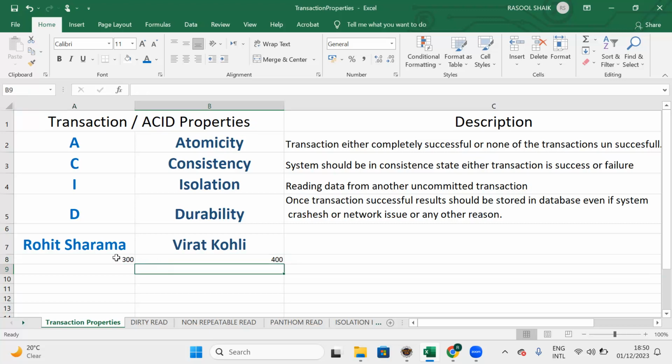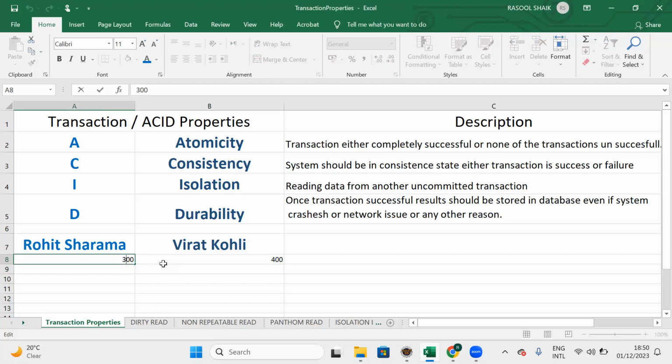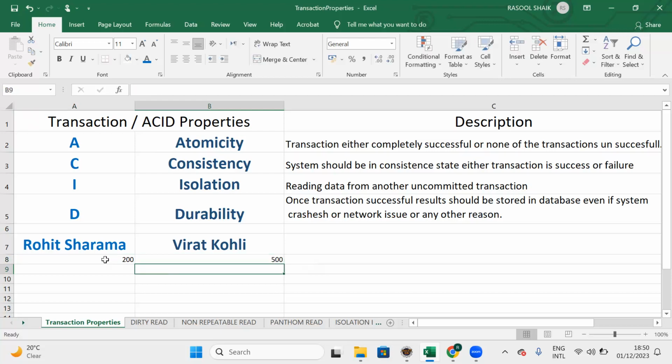Now after transferring, let's assume Rohit Sharma transferred 100 rupees. Then his bank account will have 200 and Virat Kohli's bank account will have 500. At the end of the transaction, both bank account balances will sum to 700. So before and after the transaction, the sum is the same.